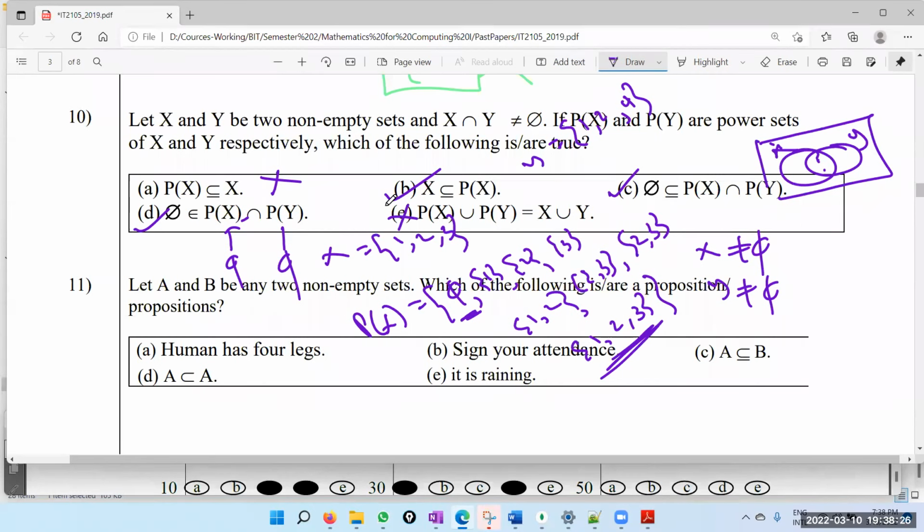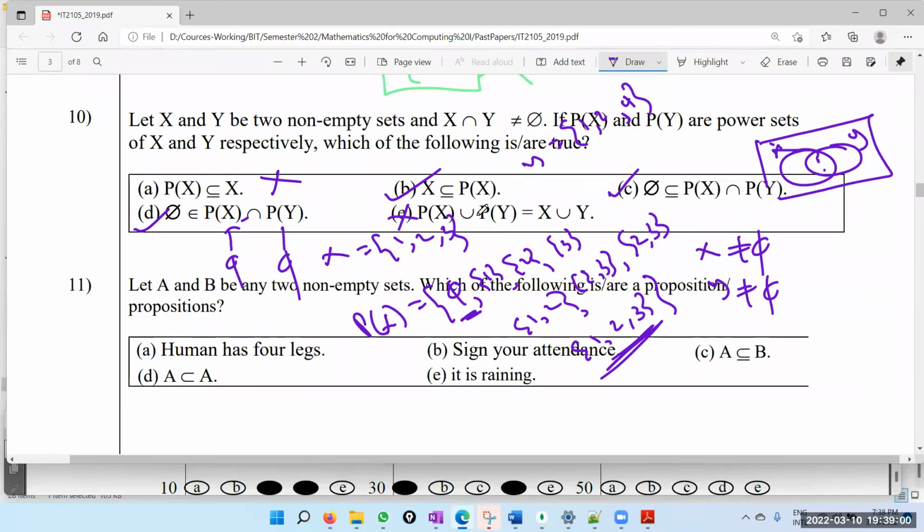No, yes, the answer is wrong. Because x and power set are two different things. X has values like 1, 2, 3. Your power set has sets, right? Your x is not having sets; it is having just elements, but power set elements are again sets. So when this one has just normal elements and this one has sets as elements, how can we say that it's a subset?